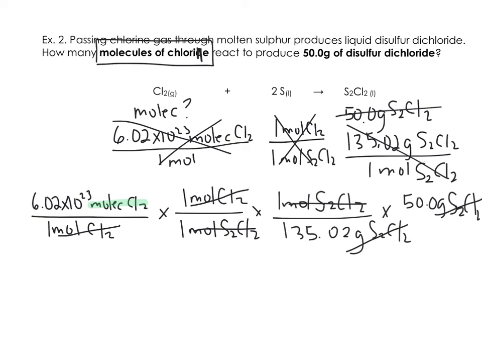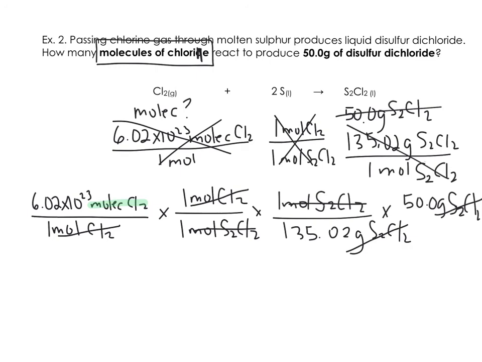So it's not random what we put next. What ratio comes next always depends on what units are in the bottom of the ratio that we're using. So in your calculator, you would put Avogadro's number, 6.02 times 10 to the 23rd, times 50, divided by 135.02, because the ones aren't going to change anything.